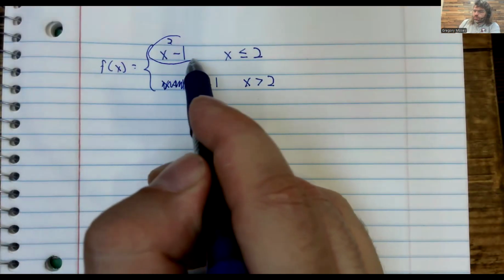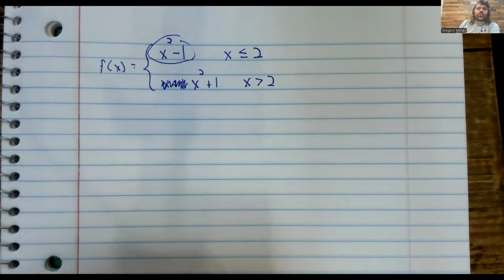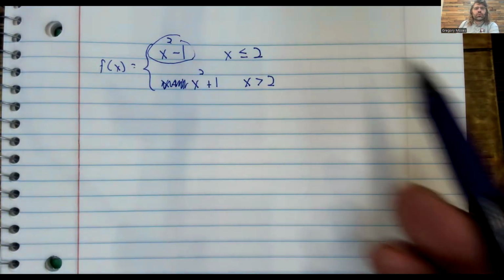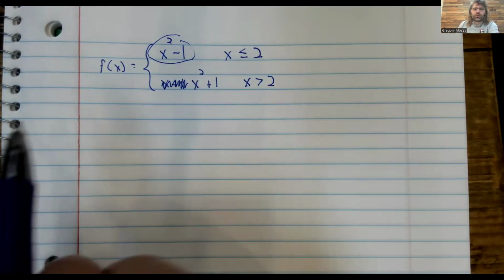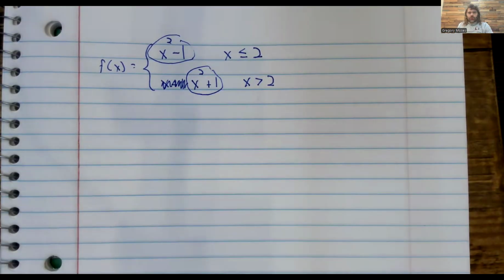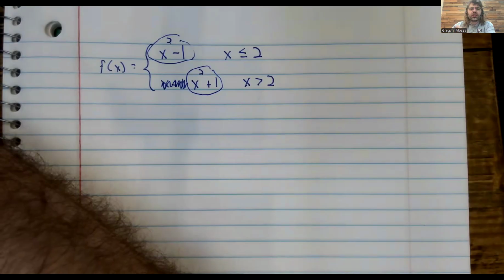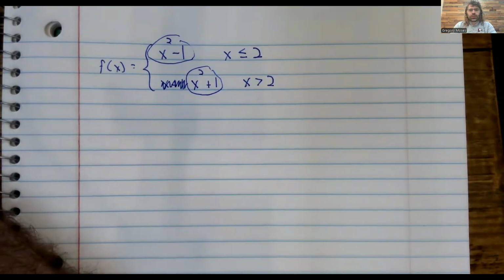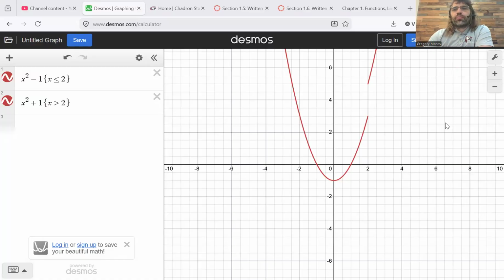Now, x squared minus 1 is continuous because it's a polynomial and all polynomials are continuous. Similarly, x squared plus 1 is a continuous polynomial. But if we look at the graph of this function, there is a jump.